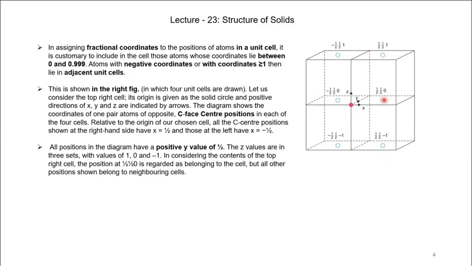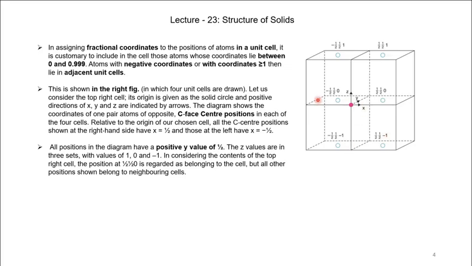Okay, so if it is so, and this is an atom, let's take this atom. That will be easier to say. You see, x is equal to half, y is equal to half, z is equal to 0. And then corresponding to this, in another unit cell, it will be half, half, z is equal to 1. If we go down, it will be half, half, z is equal to -1.